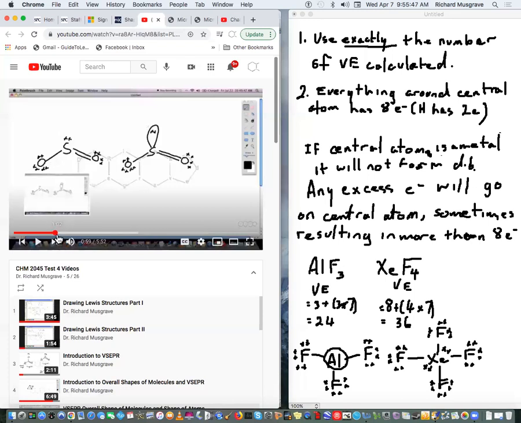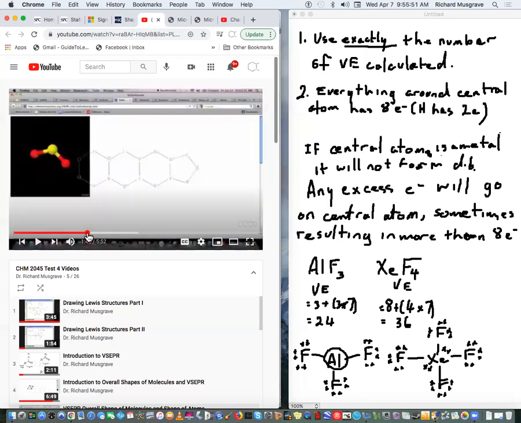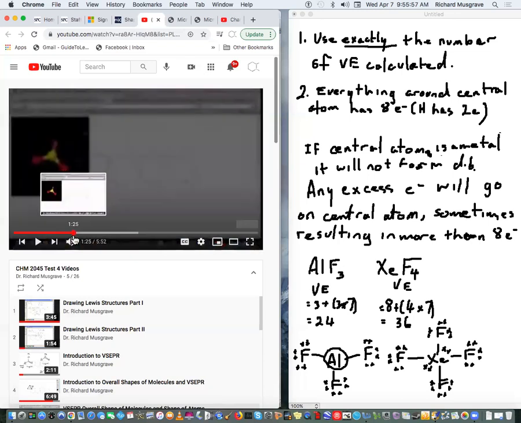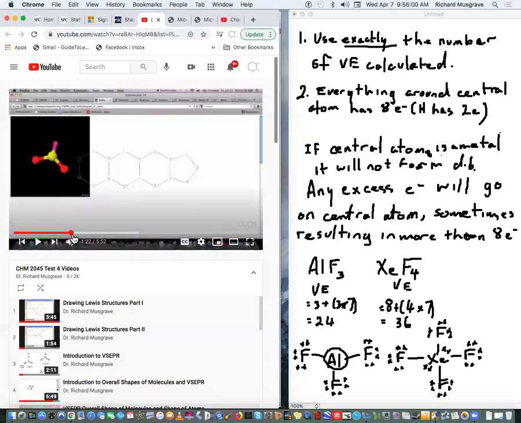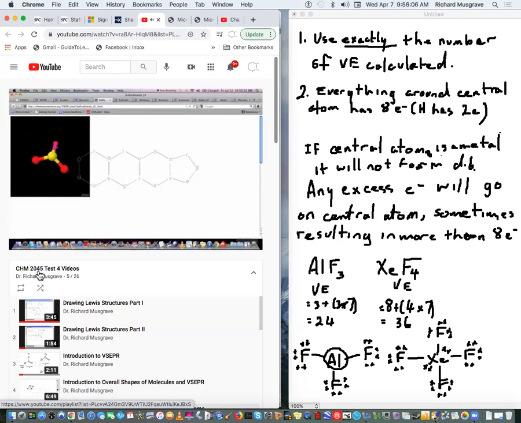All right, let's see. I think I might have a thing for this. There it is. So I think I share this right. Okay. Here and BF3 both have identical overall geometries. The lone pair ends up taking up just as much space as the fluorine does.